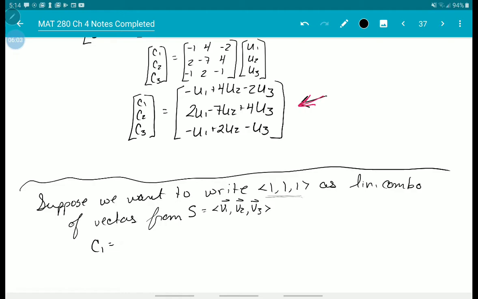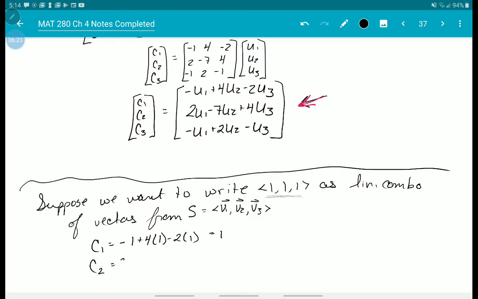So our C1 should be negative U1 plus 4 times U2 minus 2 times U3. So negative 1 plus 4 minus 2 is a 1.